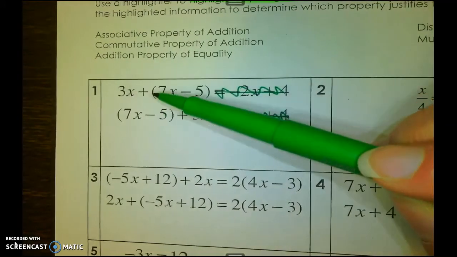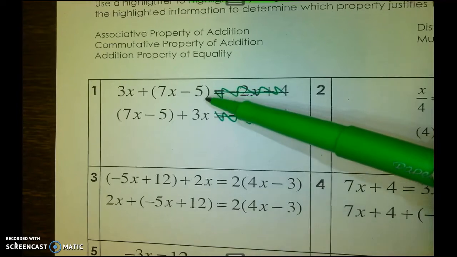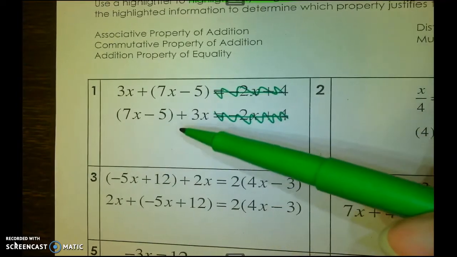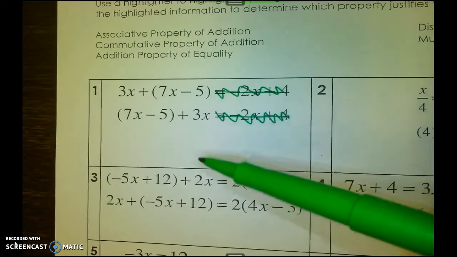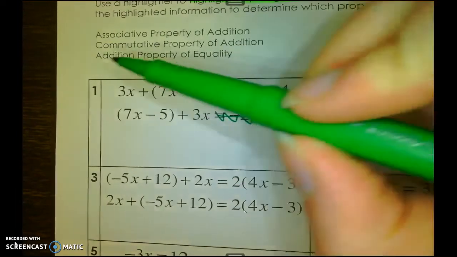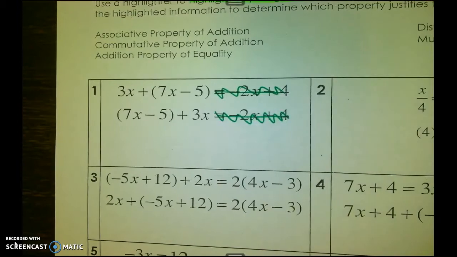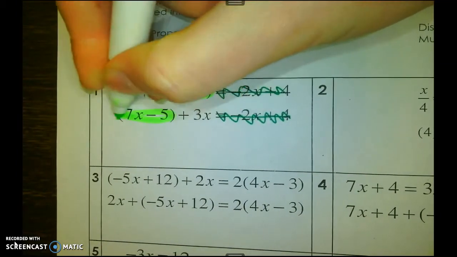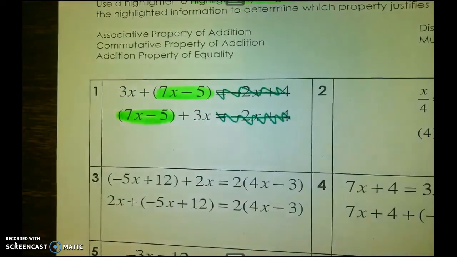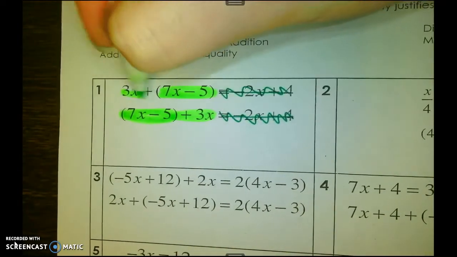We had 3x plus 7x minus 5, and then we had 7x minus 5 plus 3x. So it looks like these parentheses have changed a little bit. There's addition going on, okay, but here's the different thing. These guys right here, they're not in the same order. None of this is in the same order.